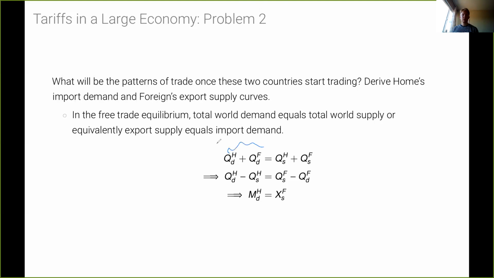So this is total world demand, and this expression here on the right is total world supply.